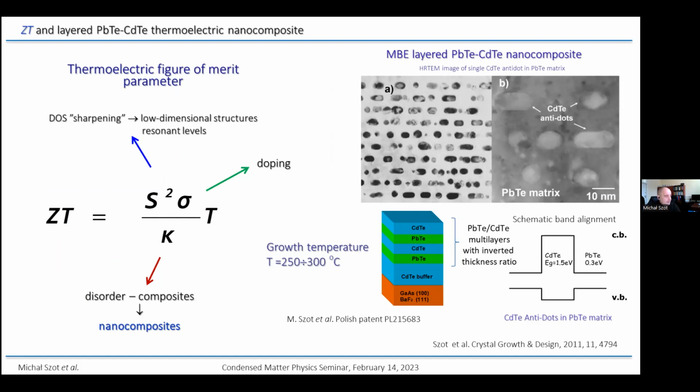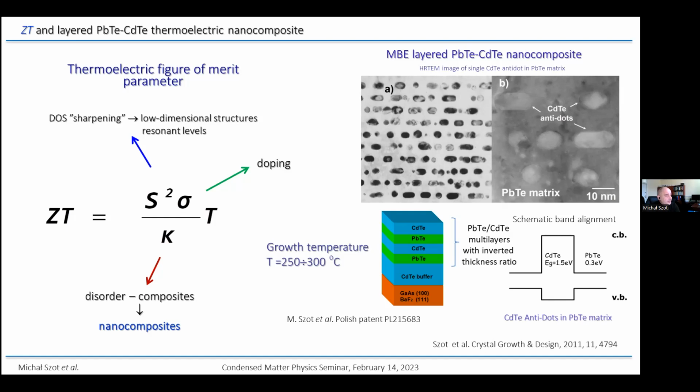Of course, higher ZT is better. Increasing ZT looks like a simple task, but it is not true, because all these parameters are internally dependent.